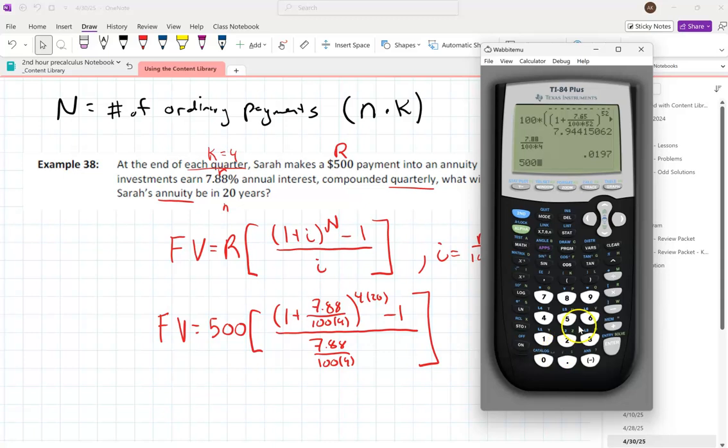So I'll do 500 times the fraction. Oops. Gosh dang it. Let's see, we have the fraction, and then it's 1 plus that answer to the 4 times 20, minus 1, over that answer.